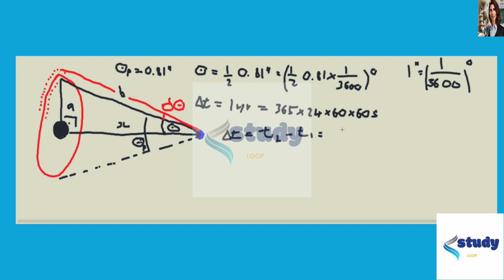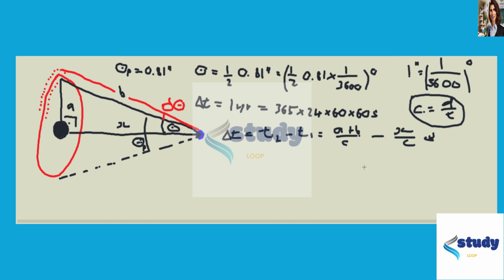That's A plus B divided by C. And time 1 is the time it takes for light to reach us straight from the supernova. So this is X over C. Here we've just used the formula that speed is equal to distance divided by time. That's all we used in calculating delta t this way.